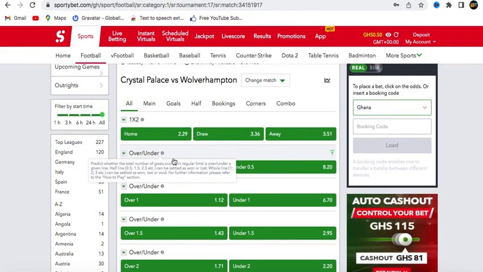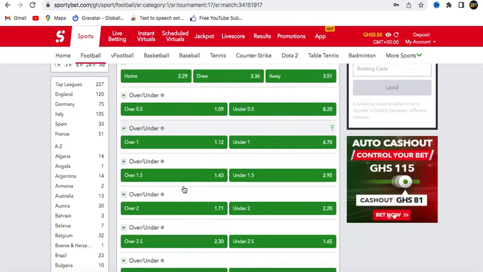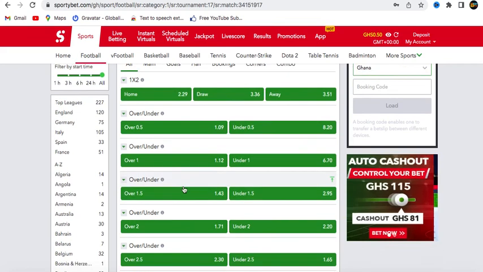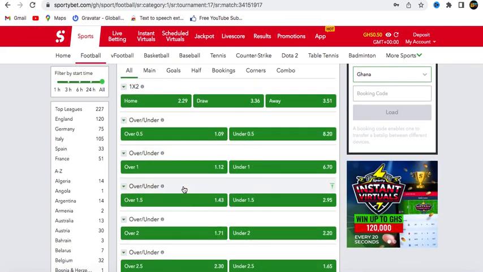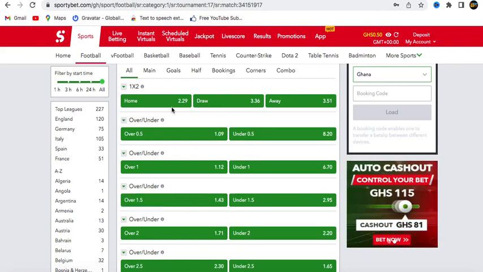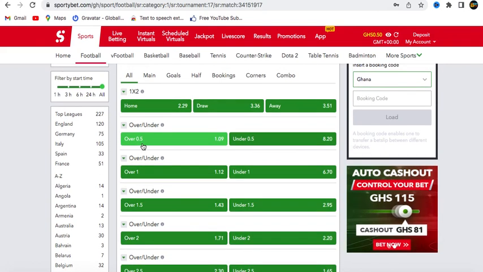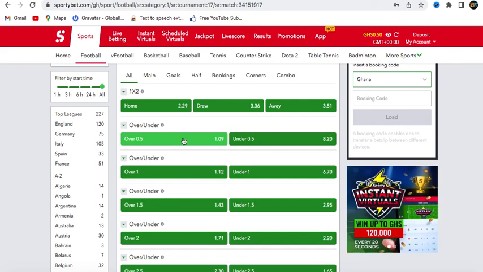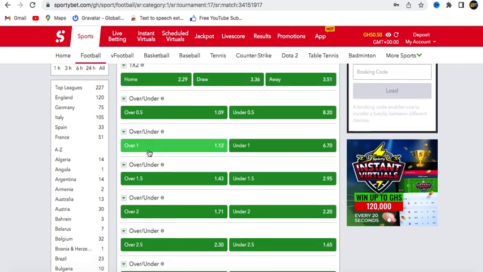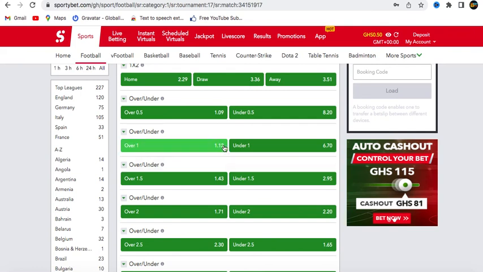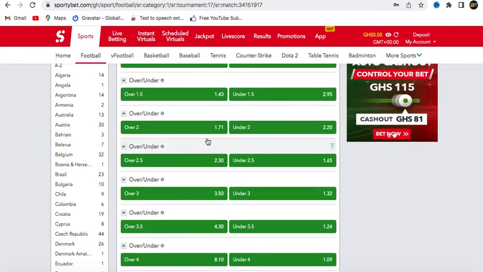By checking these goals, you have to look up the overs and unders. You can see over 0.5 here is 1.09 and is highly likely to happen. Over 1 is 1.12, highly likely.